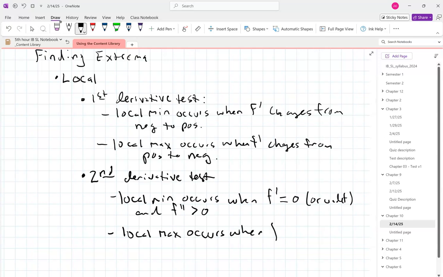So that occurs again when the first derivative is 0 or undefined, and where the second derivative is negative.